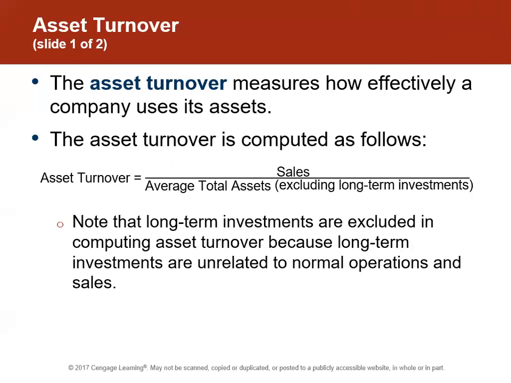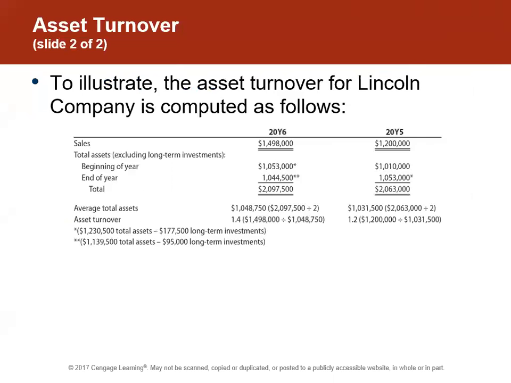We don't include long-term investments in this, because they're unrelated to our normal operations and sales. So we're only looking at average total assets, excluding long-term investments. We're looking at fixed assets and current assets, but not those long-term investments if we have any.